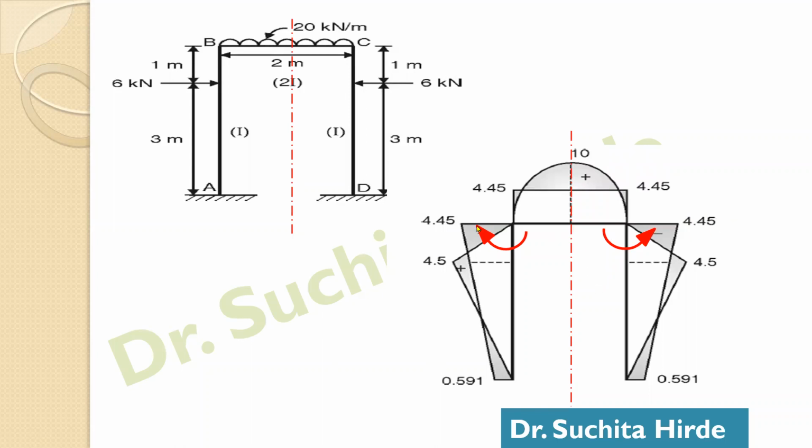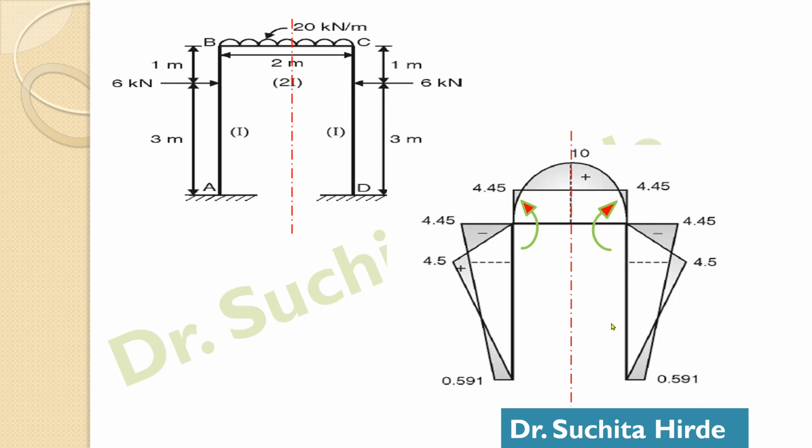So moments are equal and opposite on other side. Similarly for beams, if the moment is anti-clockwise 4.45 at this joint, then on other side, the moment will be 4.45 only, in clockwise direction.